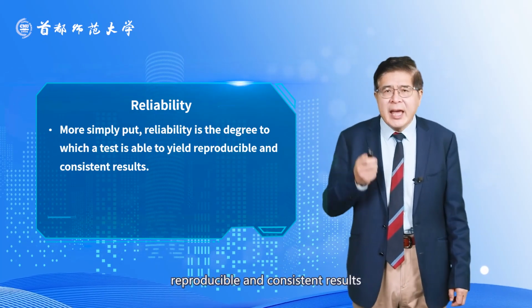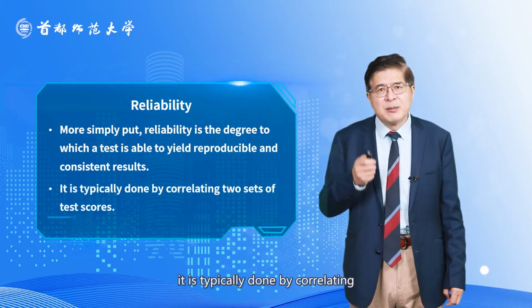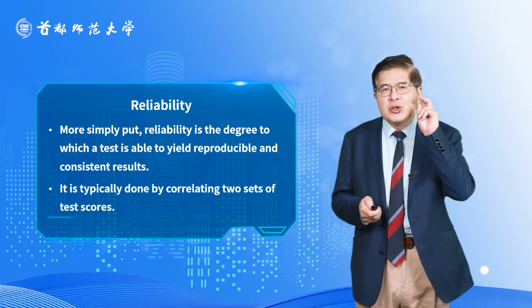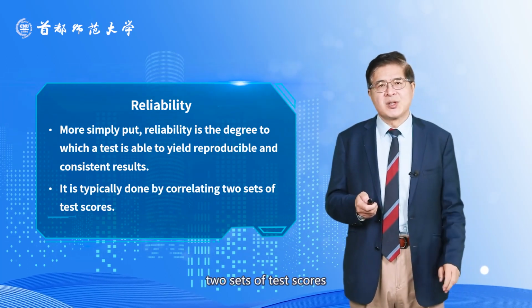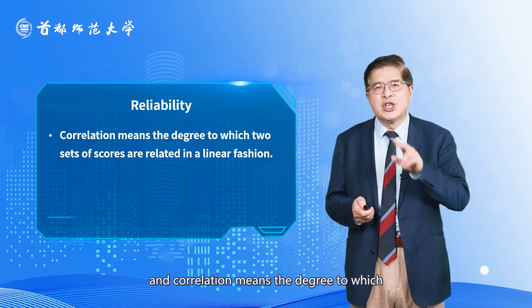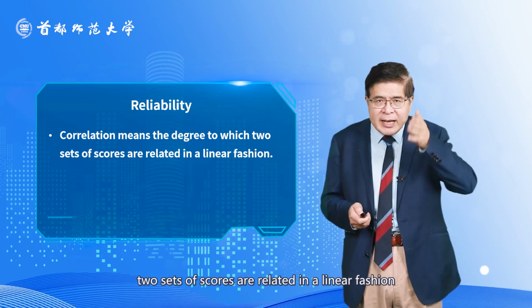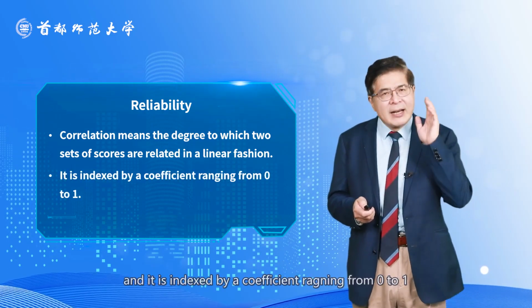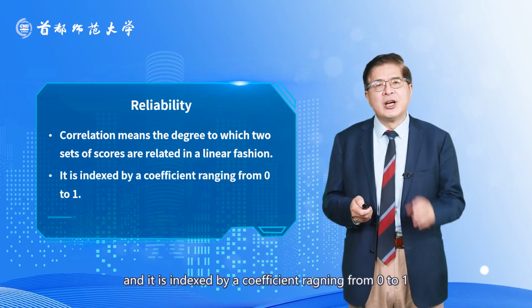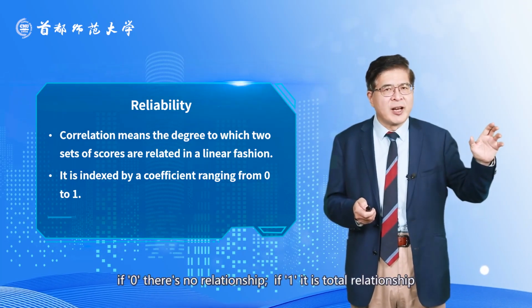So, more simply put, reliability is the degree to which a test is able to yield reproducible and consistent results. It is typically done by correlating two sets of test scores, and correlation means the degree to which two sets of scores are related in a linear fashion, and is indexed by a coefficient ranging from 0 to 1. At 0, there's no relationship.